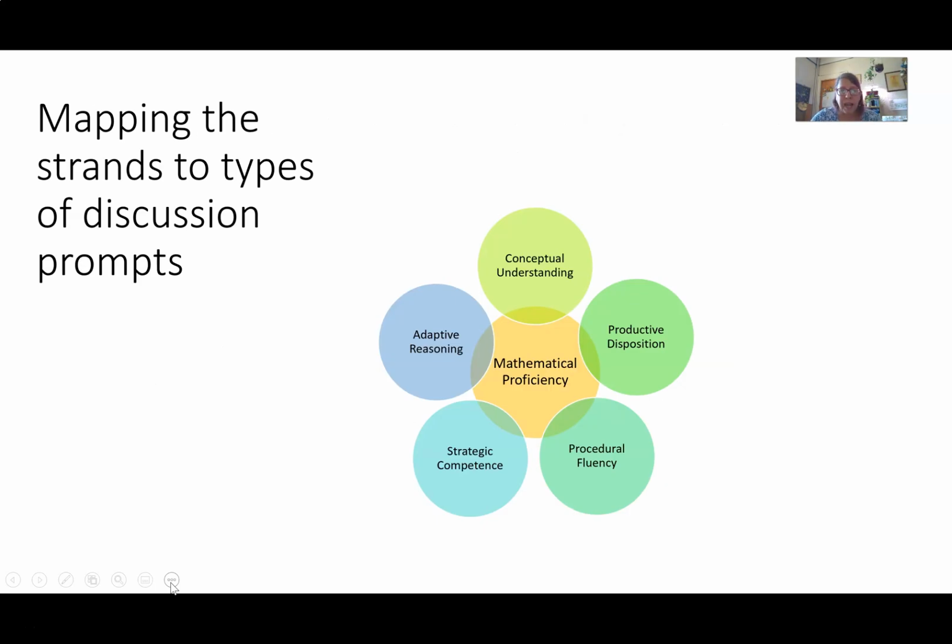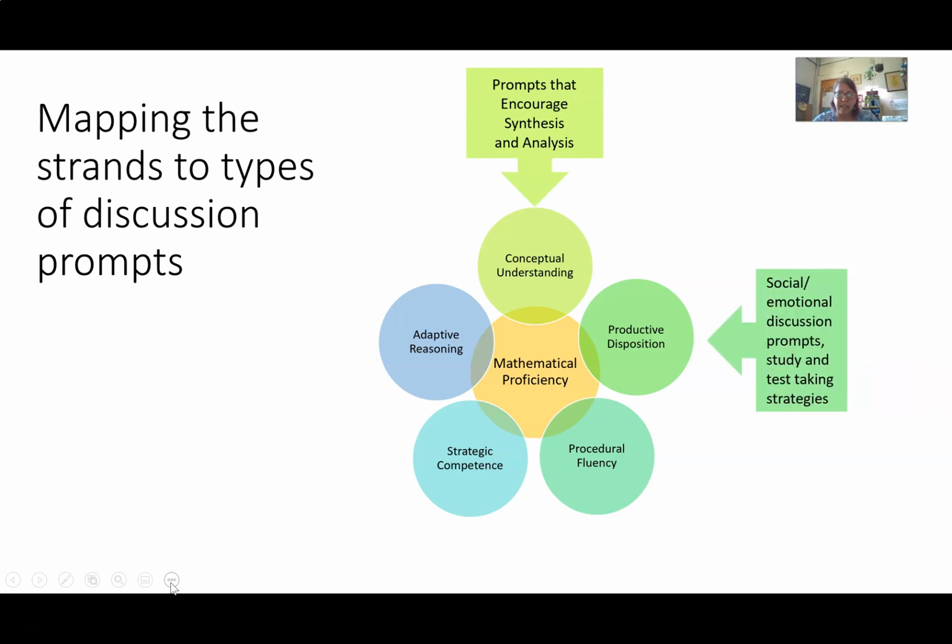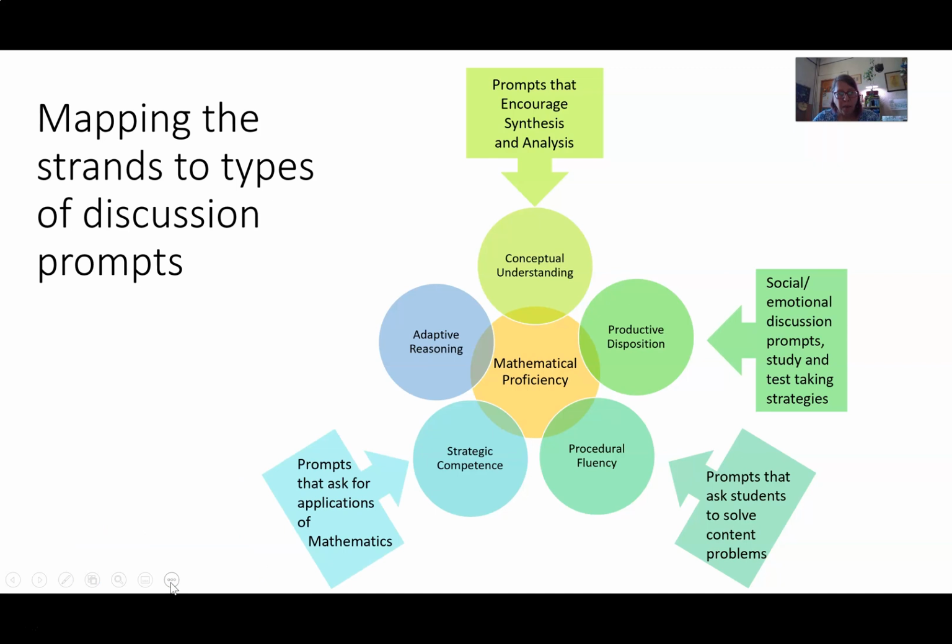And so we've looked at all of these strands. We've looked at prompts that encourage synthesis and analysis. We've looked at social and emotional prompts, prompts that have students actually solve content problems. And we've looked at applications of mathematics and getting students to really think of applications themselves, which is terrific.